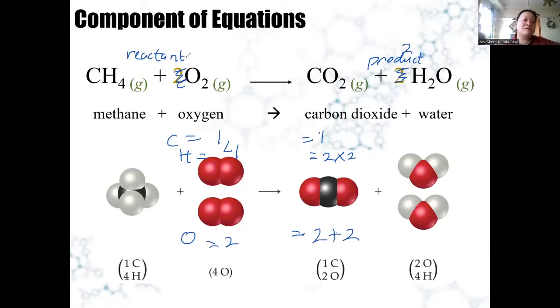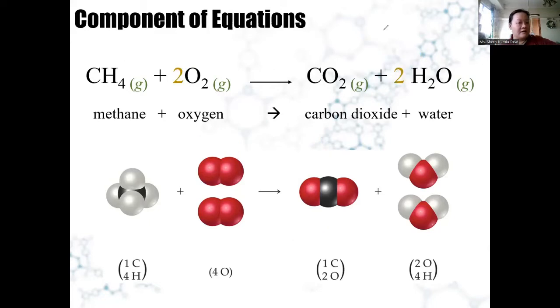We need to times it by 2. Yeah, 2 times 2 is 4. So you have 4 oxygen on the left side and 4 oxygen on the right side. That is how we can balance the equation. We will have a lot of practice so you can understand it. And I will give you homework also for this one. Okay, so you can understand this one.